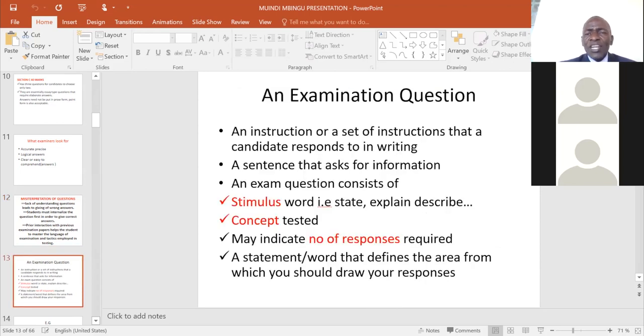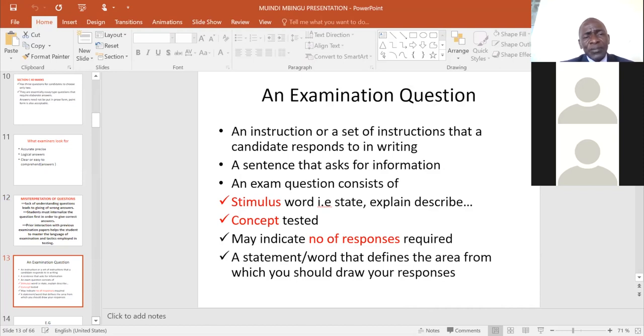What is an examination question? Dictionary definition: a question is a sentence that asks for information. Simplified, we can say a question is an instruction or a set of instructions that a candidate responds to in writing. For agriculture, you respond to the question in writing.